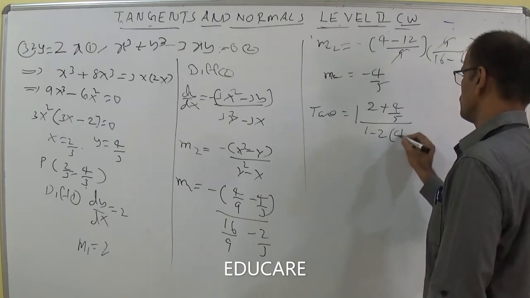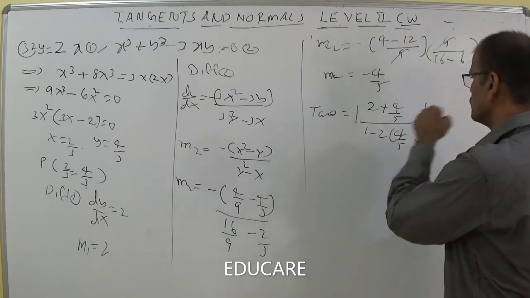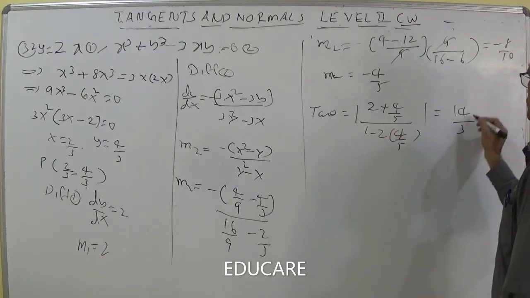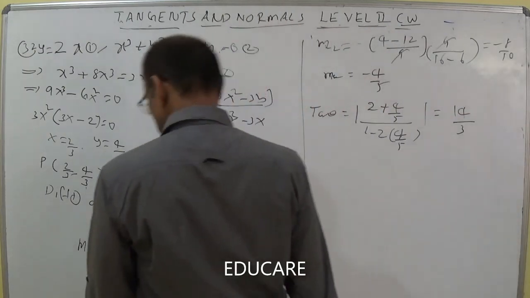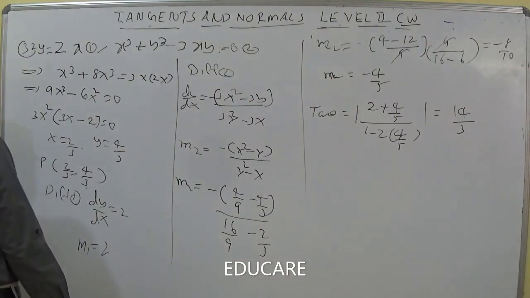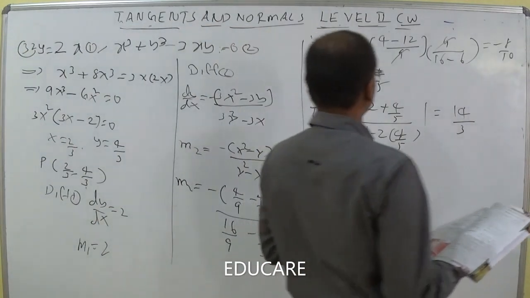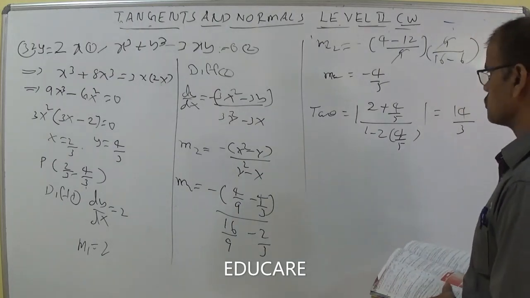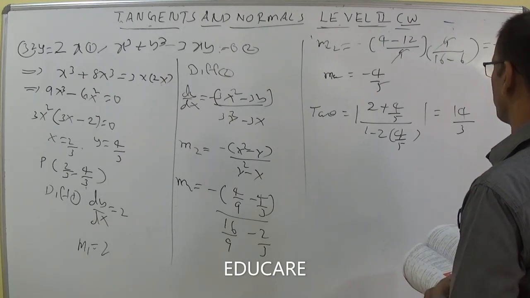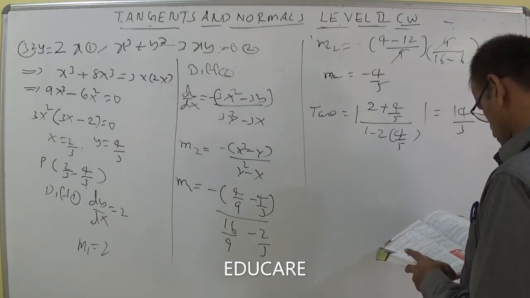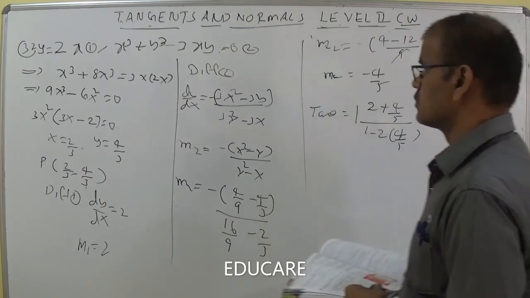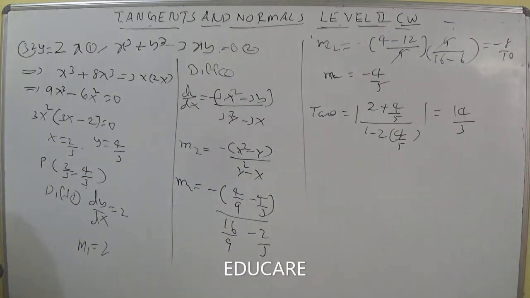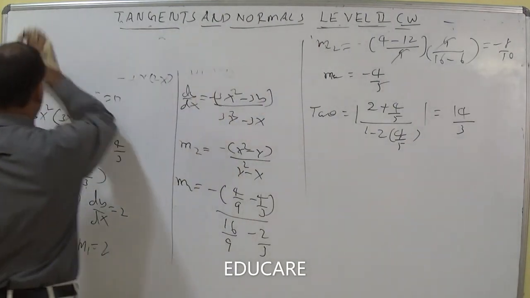M1 is 2, so 2 minus M2 by 1 plus M1 M2, and M2 being negative, it becomes plus. The remaining simplification I am leaving: try this sum yourself, and if there is a mistake, then you can find it.